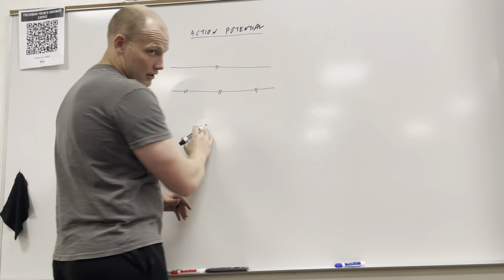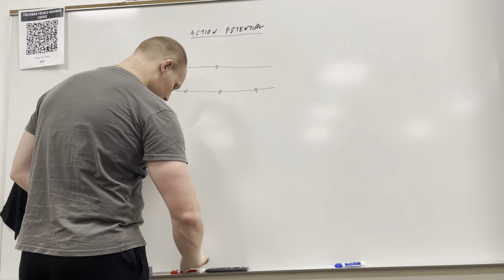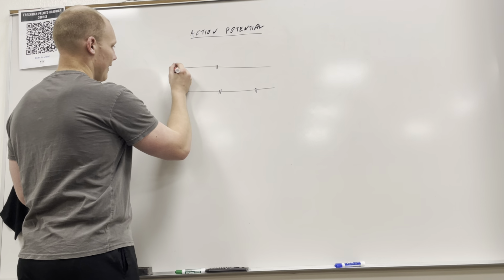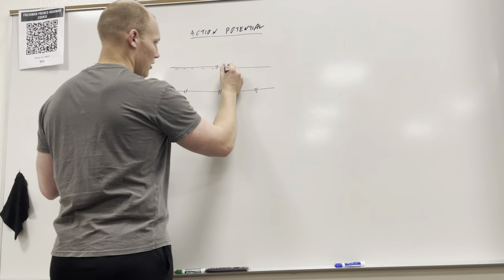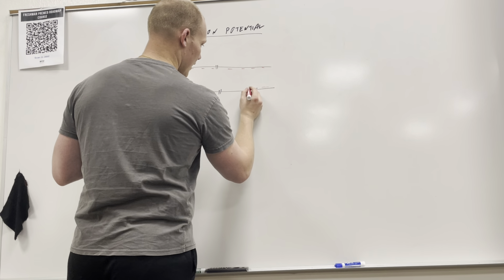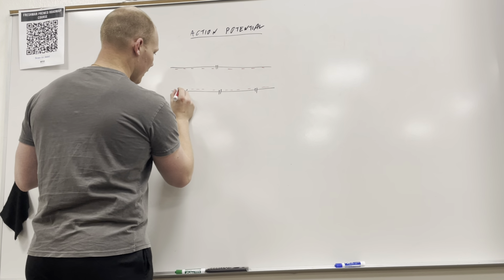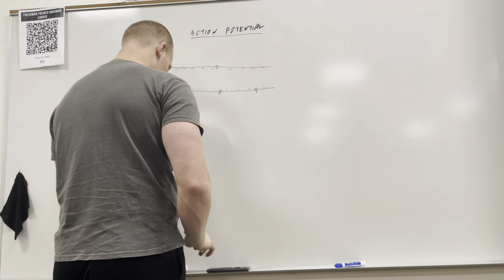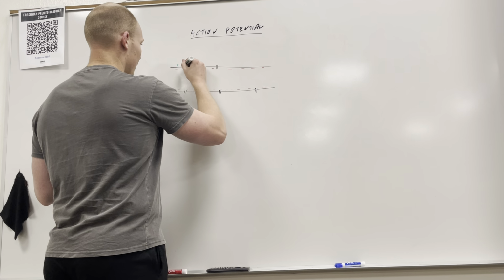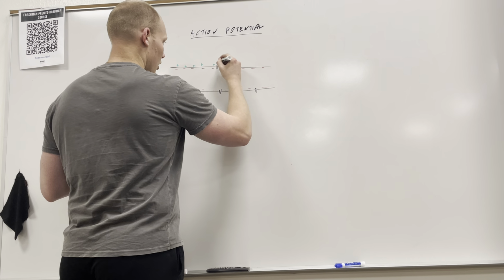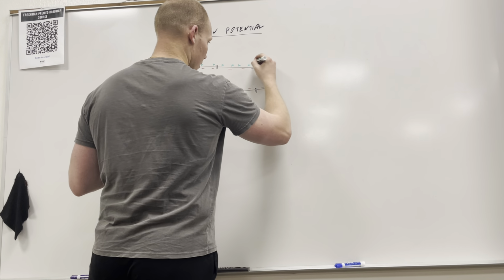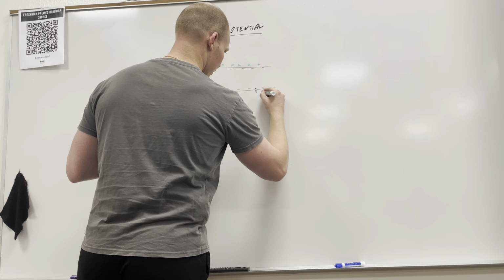So we have negative charges on the inside here, and with those negatives, we have positives on the outside. So we're just gonna draw a bunch of positives out here and out here.